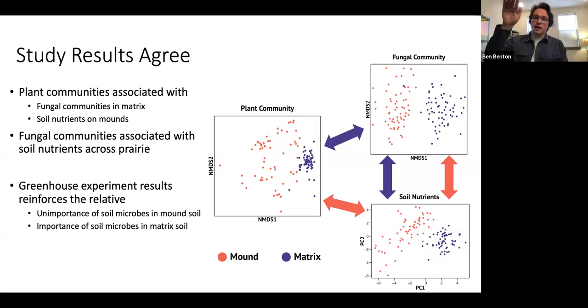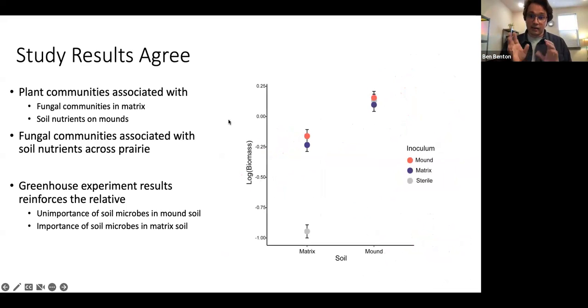And across both of those sites, there was an association with the fungal community and the soil nutrients. Looking at the results of the greenhouse experiment, that drives home and reinforces the idea of the relative unimportance of soil microbes in mound soil.